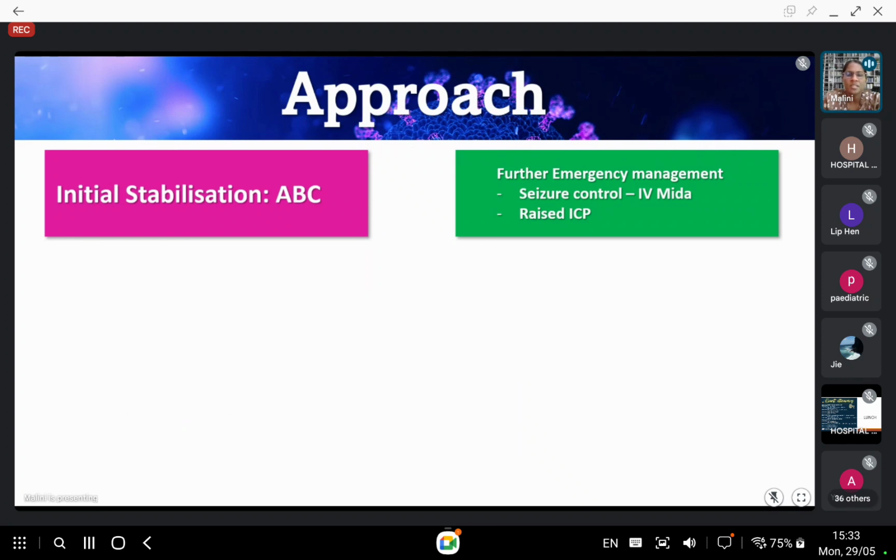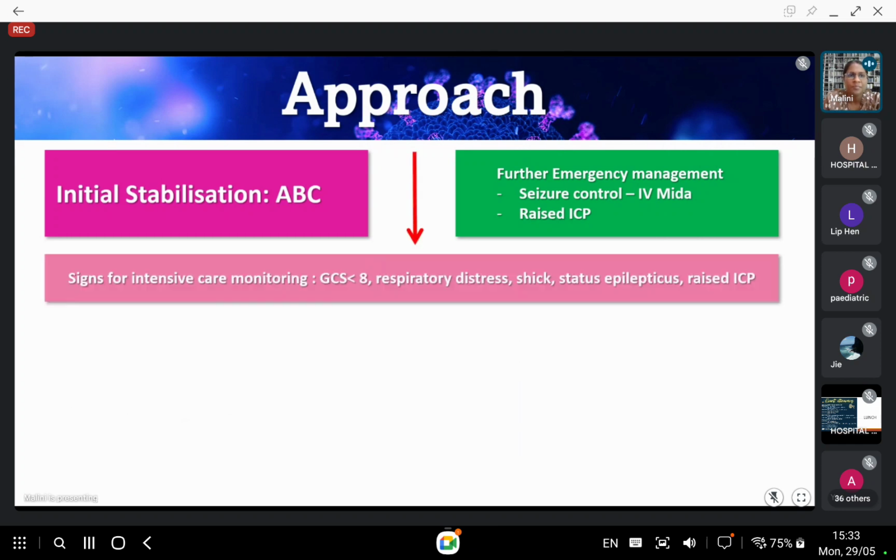If the child is having seizures, you give midazolam, phenytoin, phenobarb, whatever is needed to stop the seizure. And then identify any raised ICP, which also should be managed.